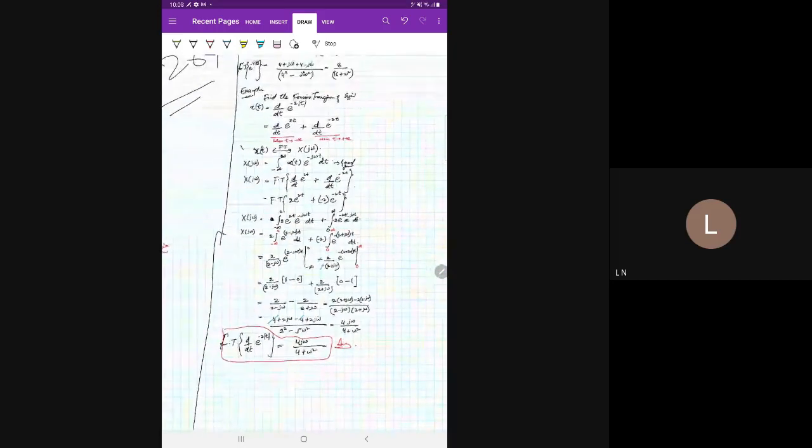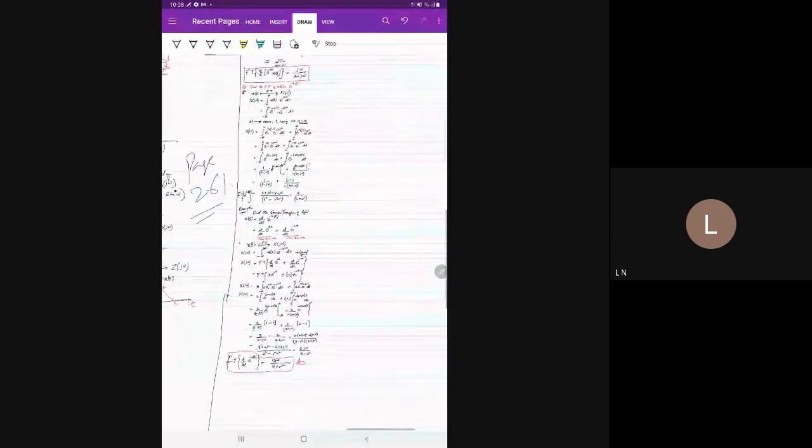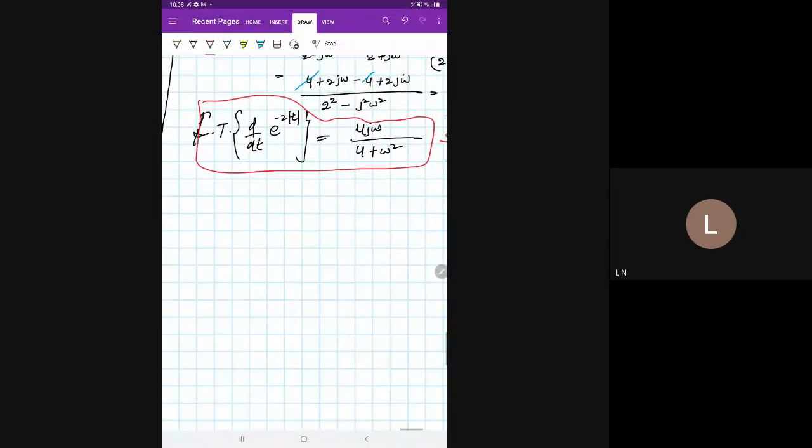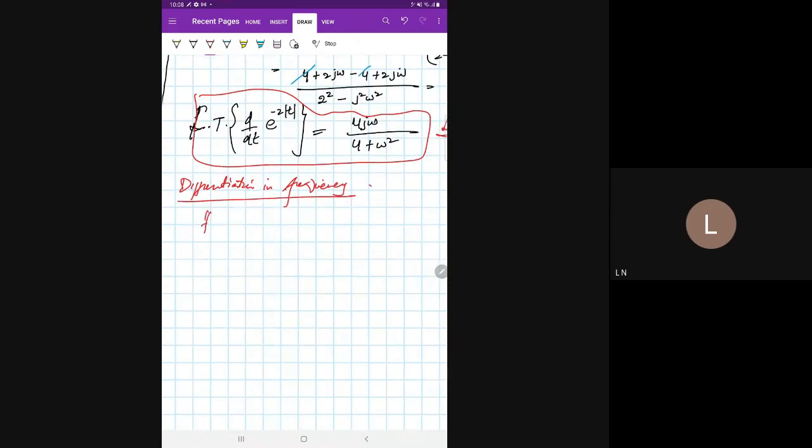Similarly, this was differentiation in time. We can similarly have differentiation in frequency also. So let me conclude it here. We can have differentiation in frequency. For example, if we have a signal X of j omega in the frequency domain, which is basically the Fourier transform of x of t, equal in its general form to the integration from minus infinity to plus infinity of x of t e raised to power minus j omega t dt.